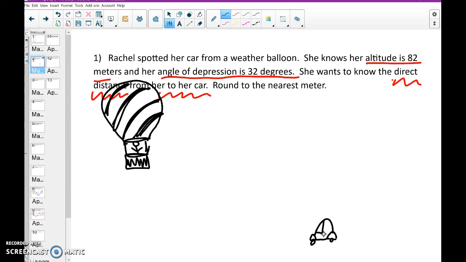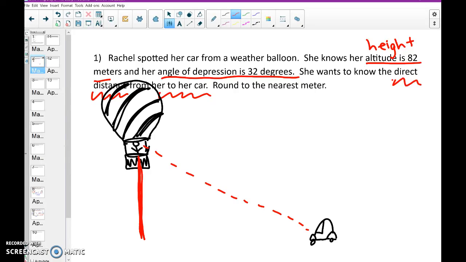Took 15 seconds to do. Draw it on your picture. She wants to know the direct distance from her to the car. There we go. Kind of a wonky line. Altitude means height. If you ever go hiking, they usually tell you the altitude of the mountain so that you know how tall the mountain is and how much you have to hike.